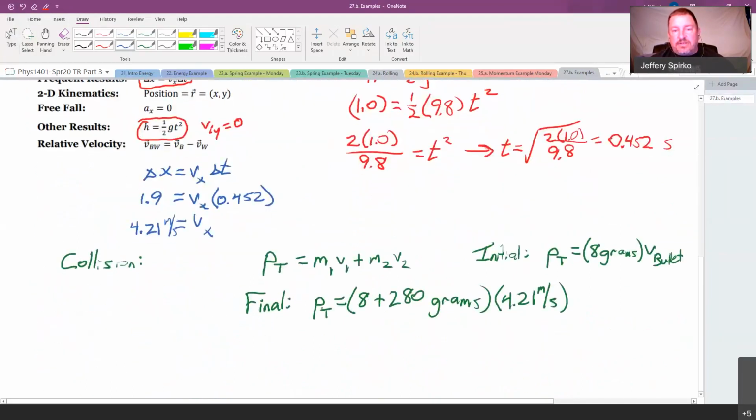So we're going to use the final, and we're going to calculate that same speed times 288 and get 1210, and this is in gram meters per second.